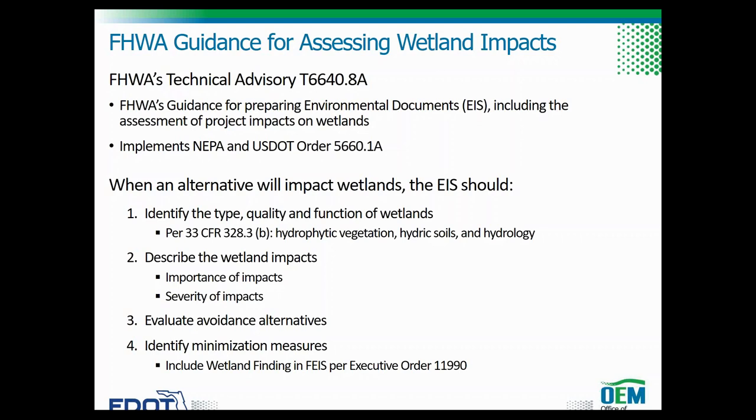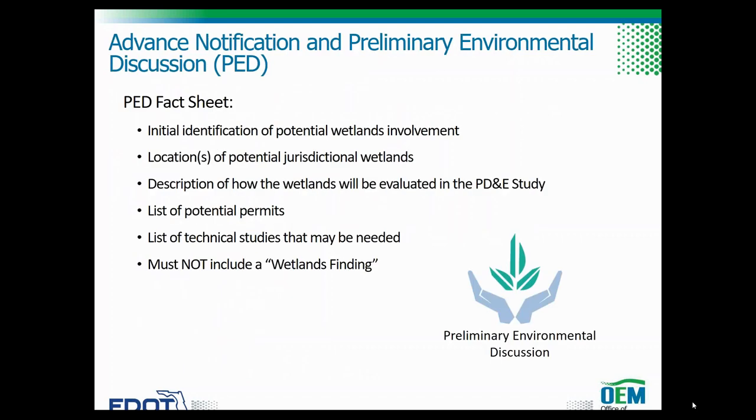If the project includes multiple alternatives, the environmental document must include an evaluation of alternatives which would avoid wetland impacts and identify practicable measures to minimize wetland impacts. During the planning phase, wetland information is included in the Preliminary Environmental Discussion, or PED, section of the Advanced Notification Fact Sheet and includes the district's initial identification of potential involvement with wetland resources within the project.